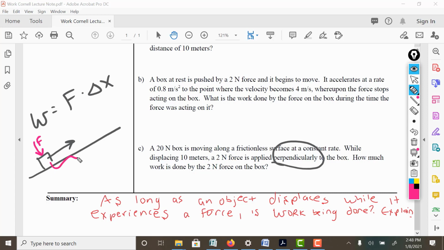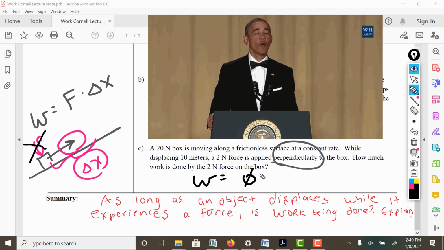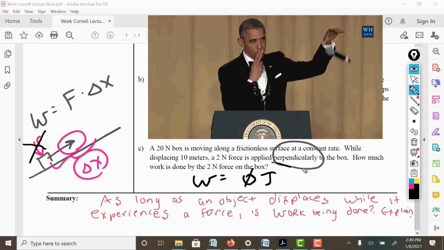It's going in this direction. And so this displacement would be due to this force. This force does not work on the object. So how much work is done on this object? 0 joules by this perpendicular force.